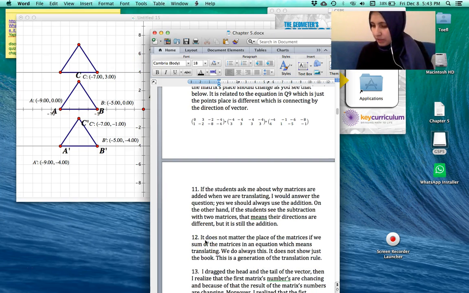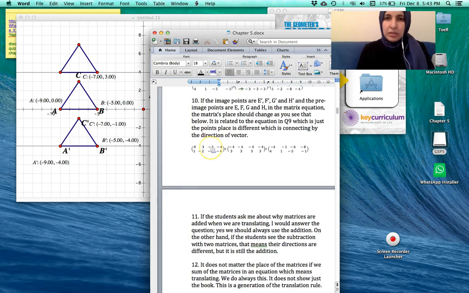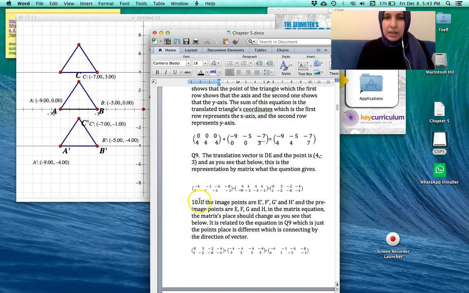Question 15. Drag a vertex of pre-image quadrilateral. Explain what changes in the matrix equation. This one, it says that A, F, G, H. Its translation vector is applied to the pentagon. The matrix equations will change.